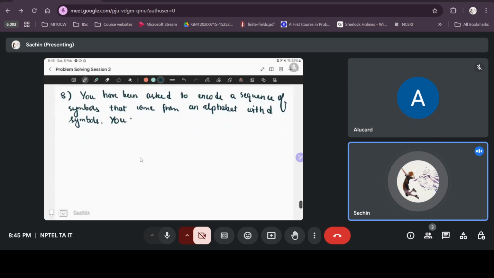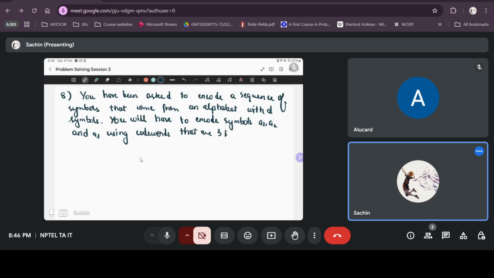You will have to encode symbols A1, A2, and A3 using code words that are 3 bits long.